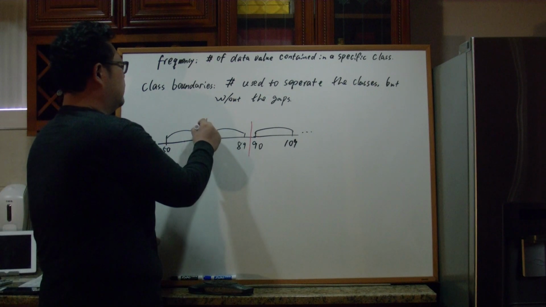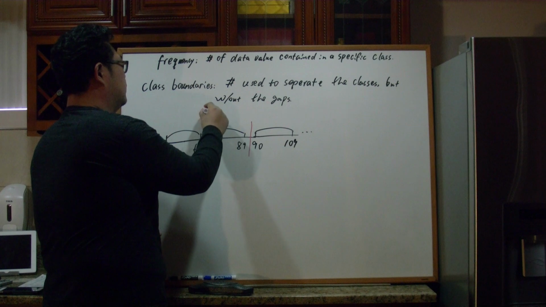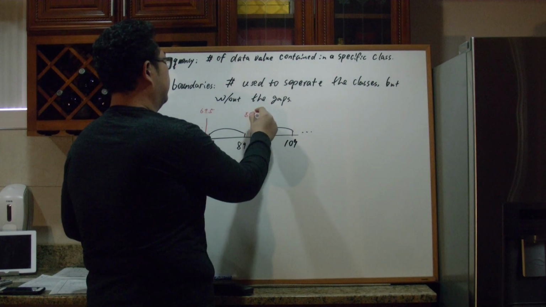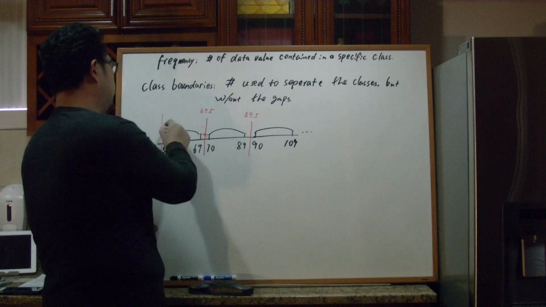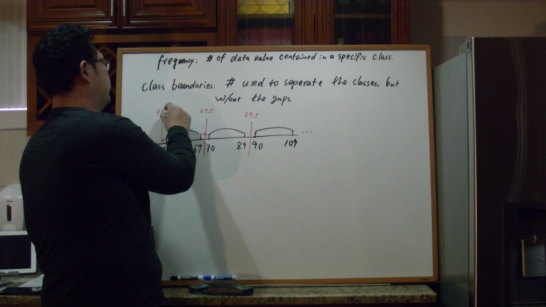So how we do that is we take the average of the middle two numbers to get 69.5 here, then 89.5, and to make sure it agrees with the original, we get 49.5 and so on.